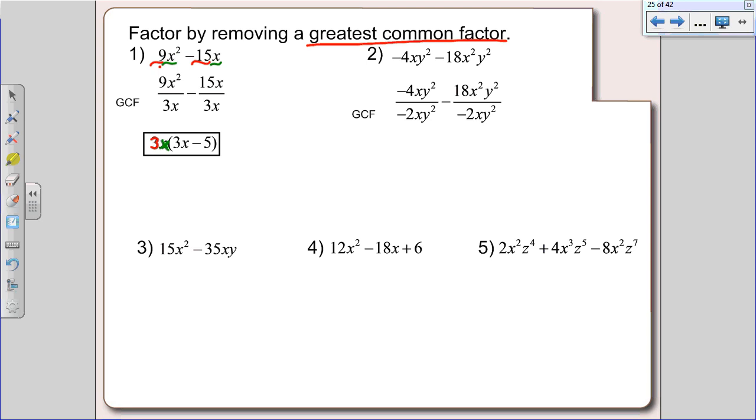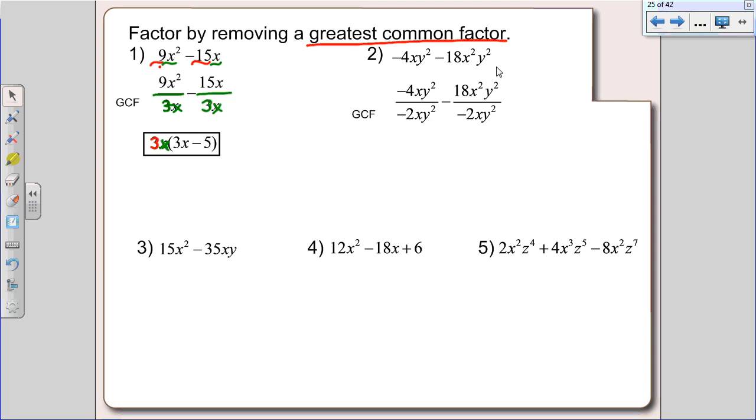So I've identified it. Now I'm going to remove it from the question. So I'm going to look at each one of these things and divide it by the GCF. So you'll see they've taken each term and they've individually divided it by the GCF. 3x, 3x. And whatever's left over from each of those division things, that's what you're left multiplying your GCF by.